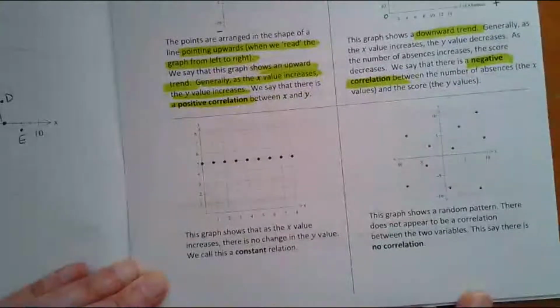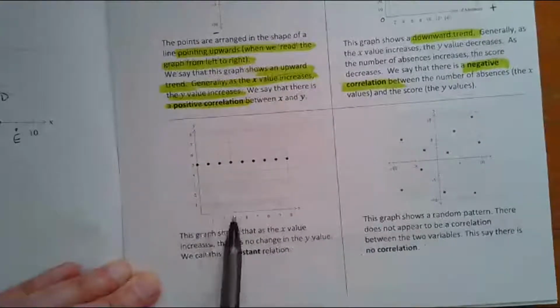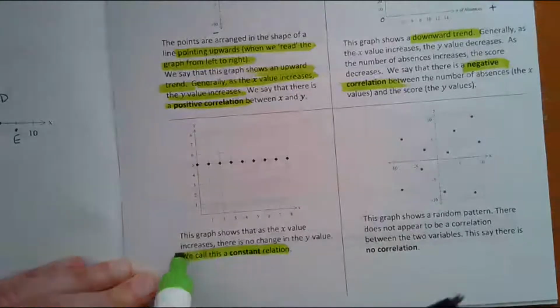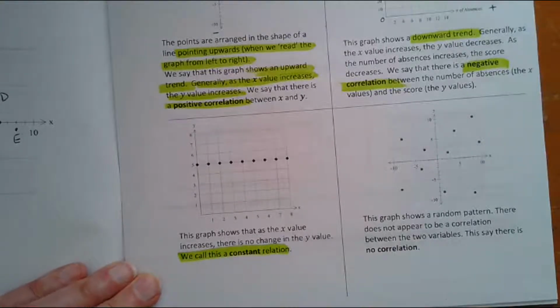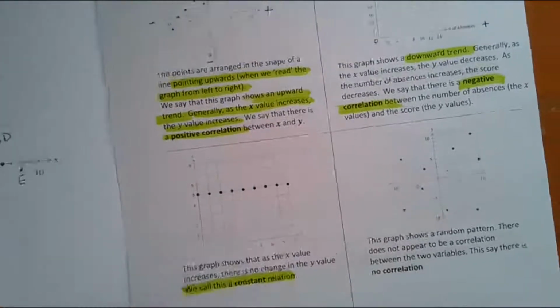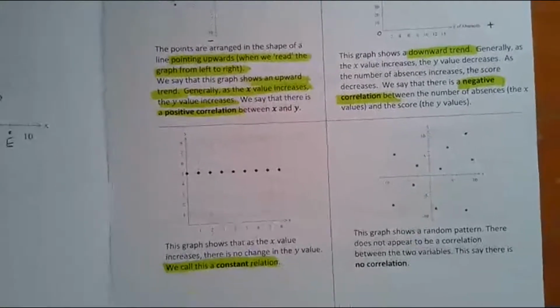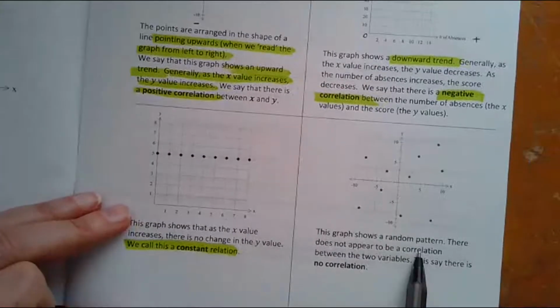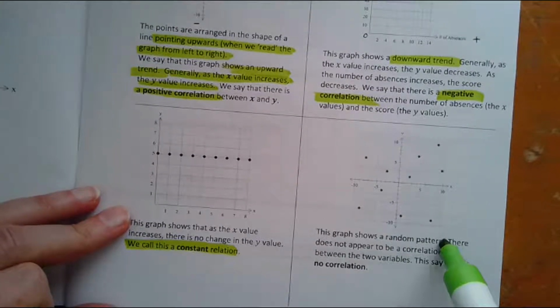Okay? If there's no change in y value as the x values increase, so as we get larger and larger along the x-axis, there's no change. We just call this constant. There's no change at all in y. It doesn't matter what x is, just no change in y. And then this last one is random.